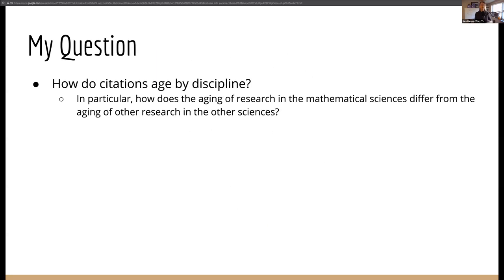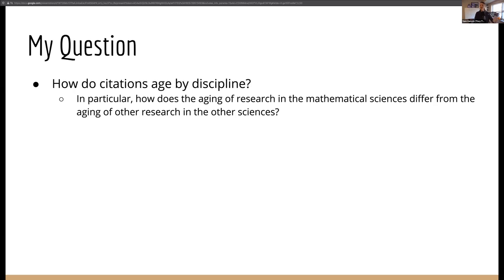So I was really interested in how mathematical sciences differ from the aging of research in the other sciences. But it turns out that when you write a script to go into a database to grab that, you can kind of just do all of it. And so that's what I did. It's one of those, oh, I have a script that can do this, so let's just do it for everything instead.